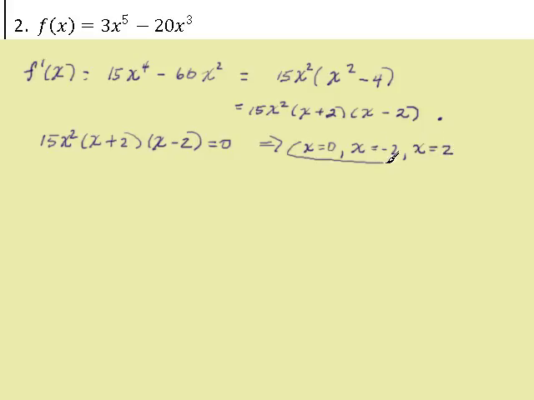So these will be the critical values. We'll put them on the number line. So we're doing a plus minus analysis of f prime. So in order, we put the minus 2, the 0, and the 2.